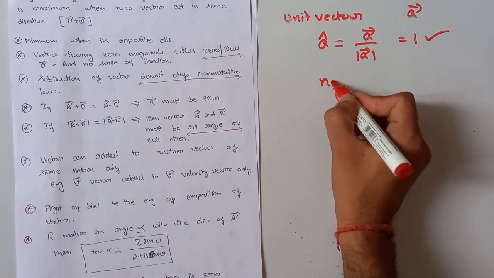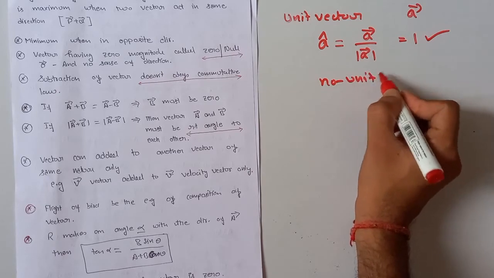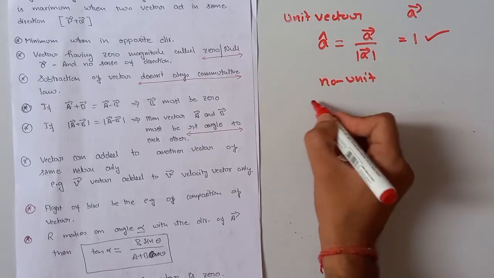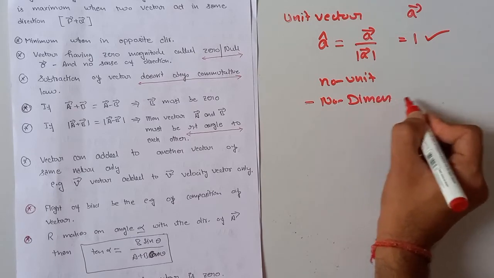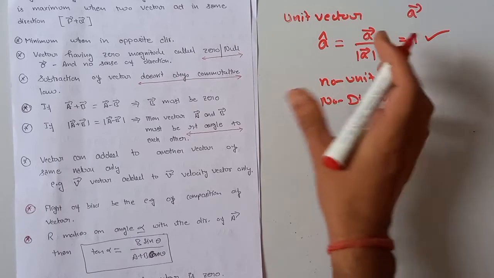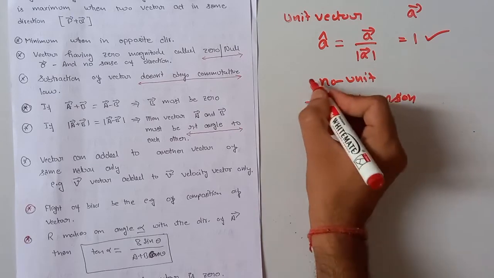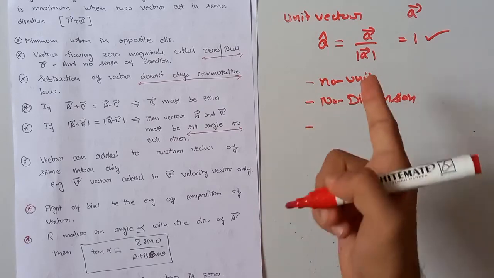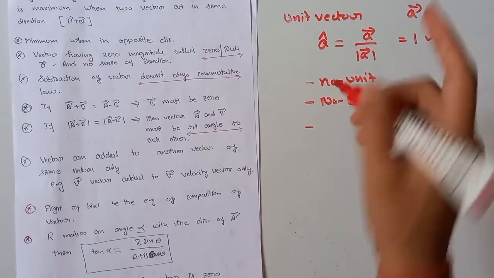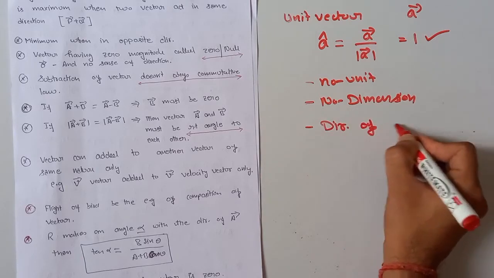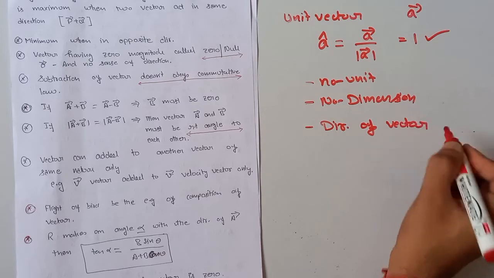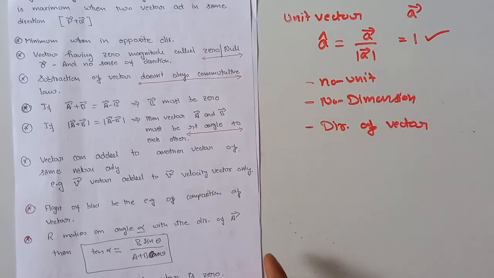Unit vector has no unit and no dimension. Another key point of the unit vector is that it always tells the direction of a vector. This is all about unit vector.